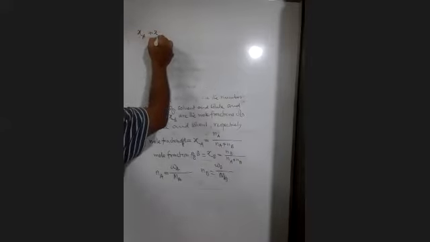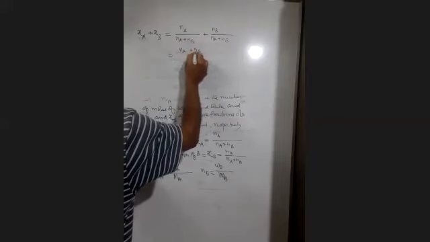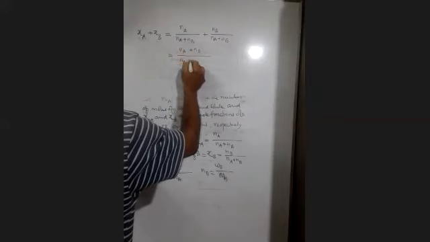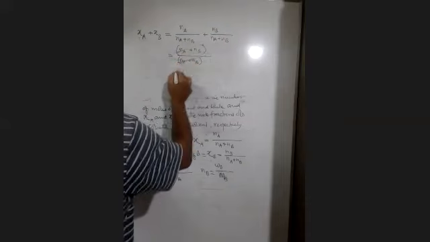NA plus NB divided by NA plus NB. So is equal to 1.